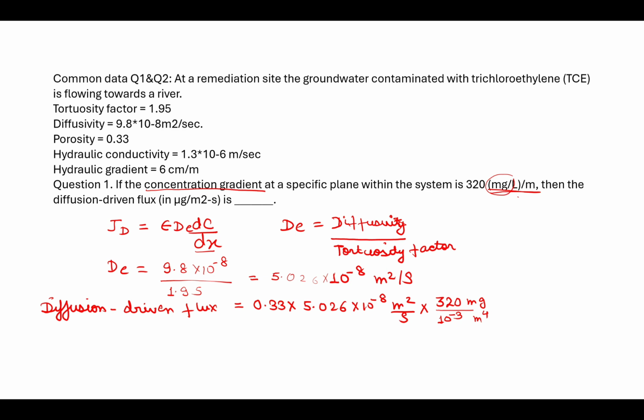Now let's see what value we are getting. After doing all the calculation, we will get the final value as 5.307 microgram per meter square second.